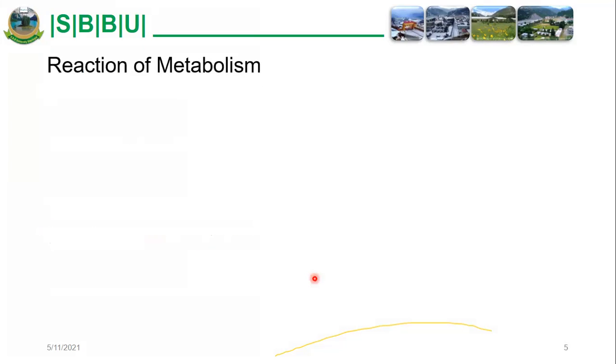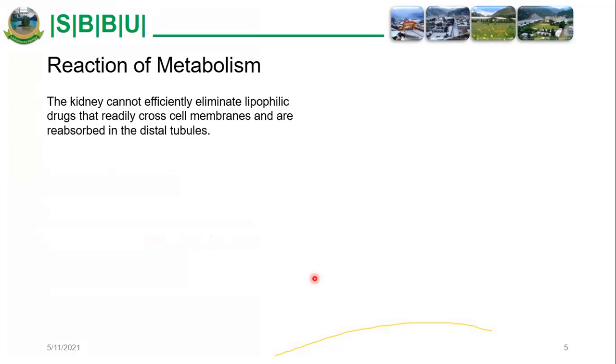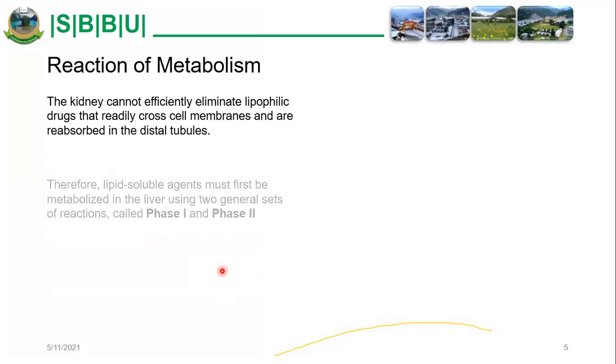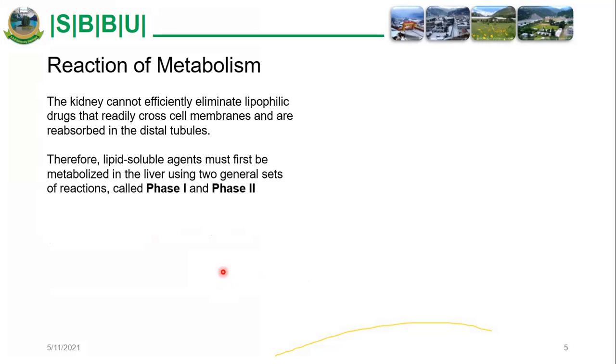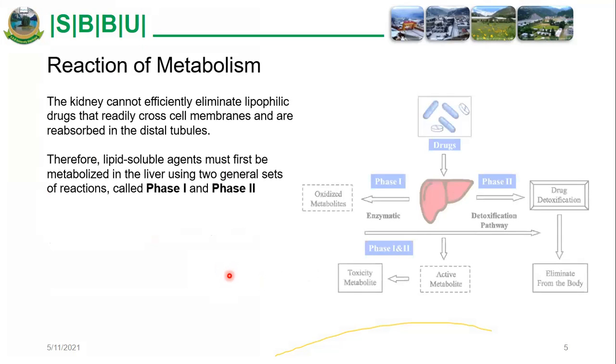The reaction of metabolism is needed because the body cannot efficiently excrete lipophilic drugs, which cross the cell membrane and can be reabsorbed in the distal tubules. So lipid soluble drugs must first be metabolized in the liver using two general sets of reactions. We call them phase 1 and phase 2 reactions.